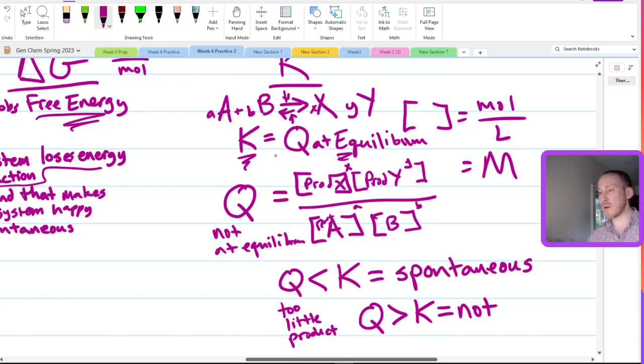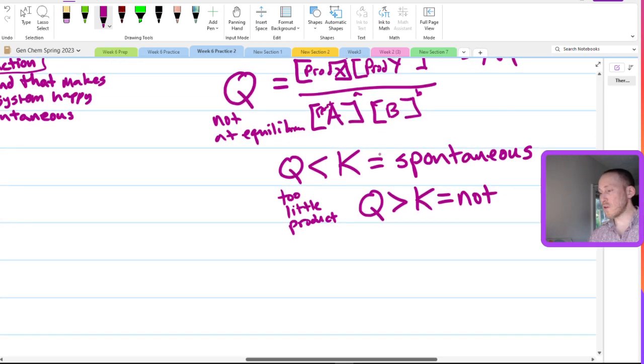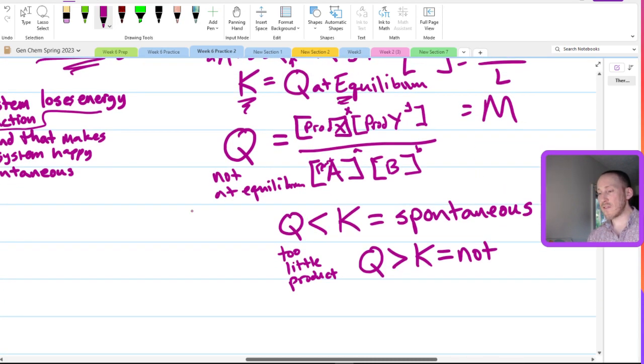But it's always important to remember that even though it's reversible, we wrote it this way. We called these the reactants. The way we wrote it, if we wanted to write it the other way, we could. It's a reversible reaction, but we called those the reactants, so we kind of stick with it, right? And we call those the products. So at any given time that isn't equilibrium, if the Q is less than the K, then it's going to go forward and happen.